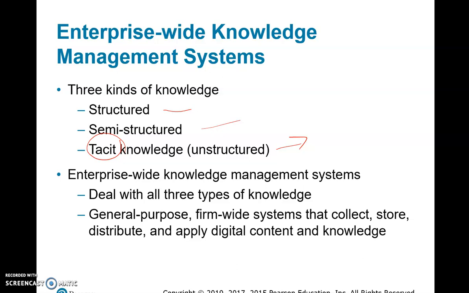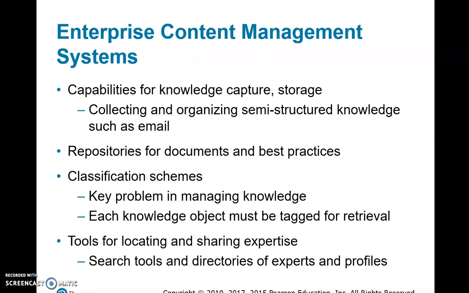Some companies have intranets where you can find out information about, when I travel, what should I do? How do I give a travel report? Or how do I get reimbursed for my travel, and so on. That can be in the form of knowledge management systems.